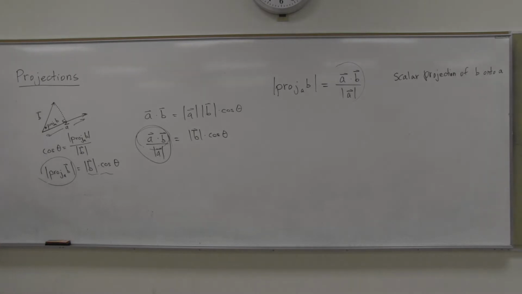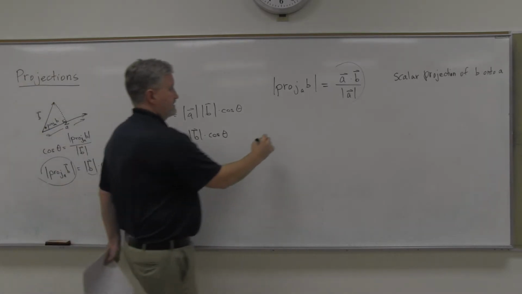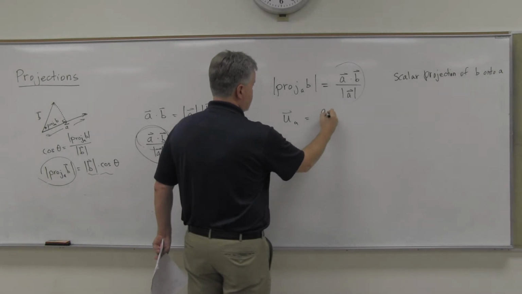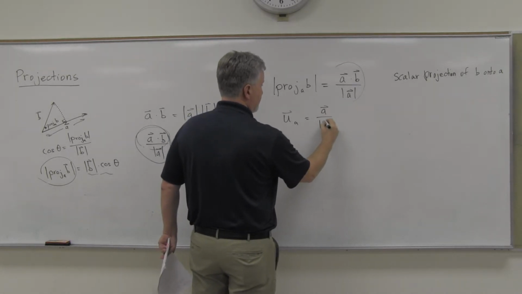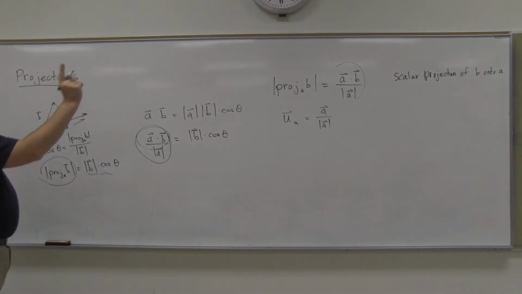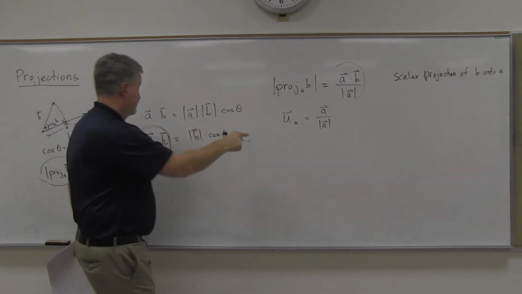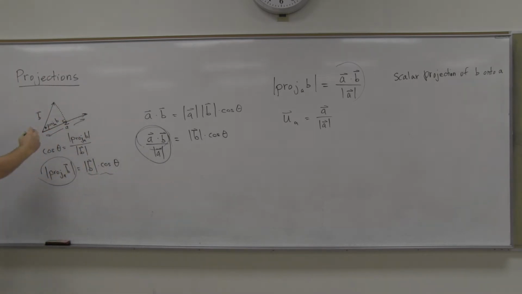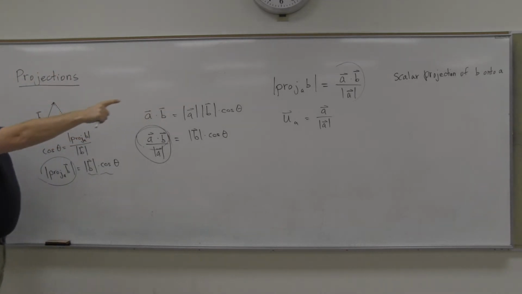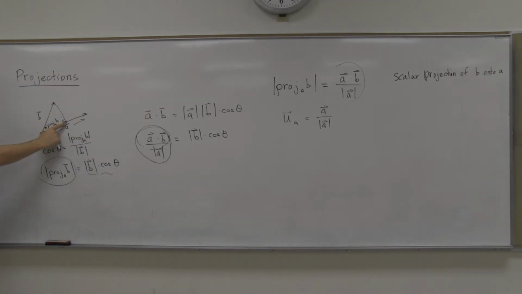The unit vector in the direction of A is, remember, just A divided by the magnitude of A. That gives me the direction A is in, 1 unit long, and multiplied by the scalar, that's going to give me this vector, isn't it?